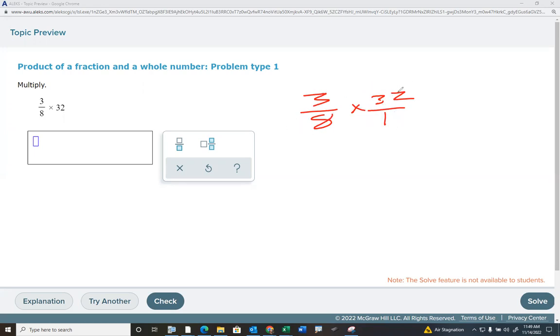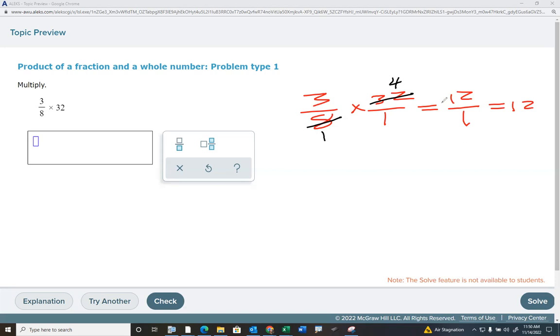I could say, well, I know that 8 divides into this bottom number and this top number. It has to be a bottom and a top. Yeah, 8 divides into this guy once, and 8 divides into this guy 4 times. And then you can say, all right, 3 times 4 gives us 12 on top. 1 times 1 gives us 1 on the bottom, and that's just 12. So you can think of it that way if you like.